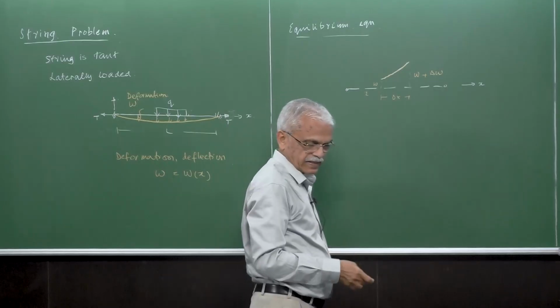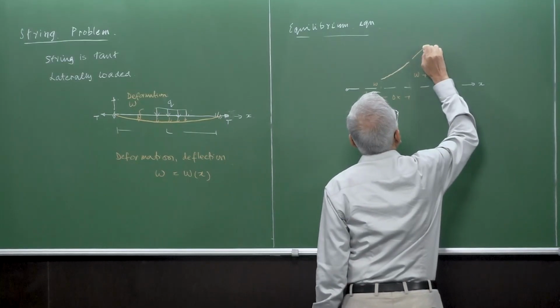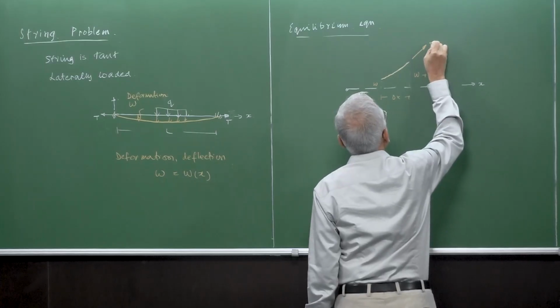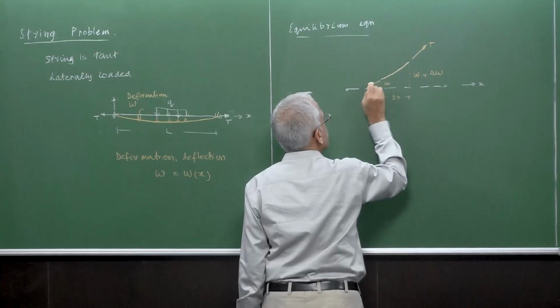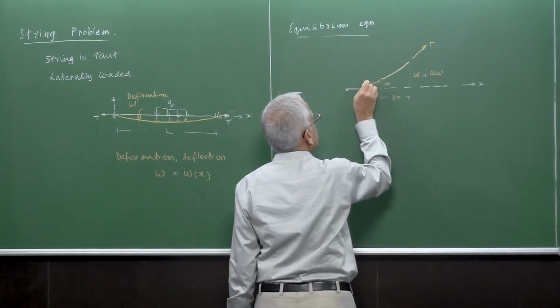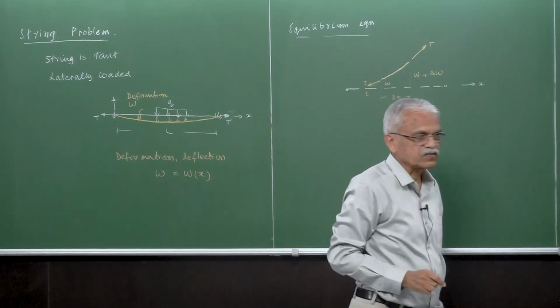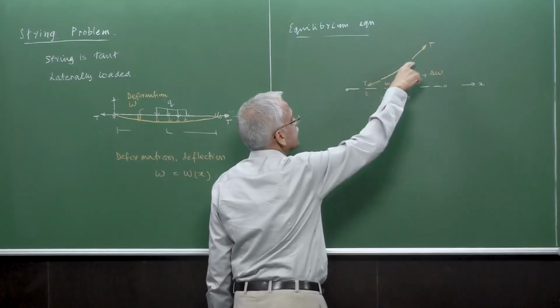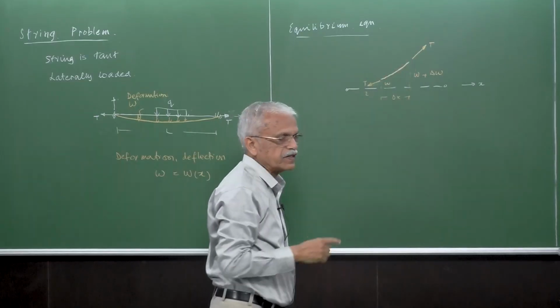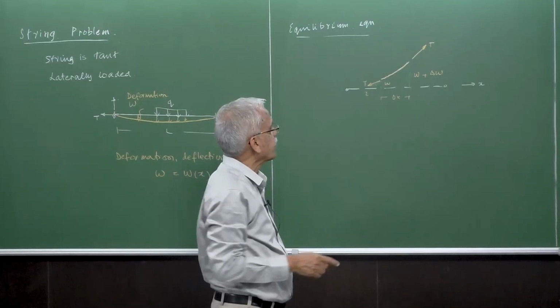The forces acting here are a T here and another T here. So T is acting in the tangential direction for the string, and you can also observe that the slope of the string is changing from point to point.